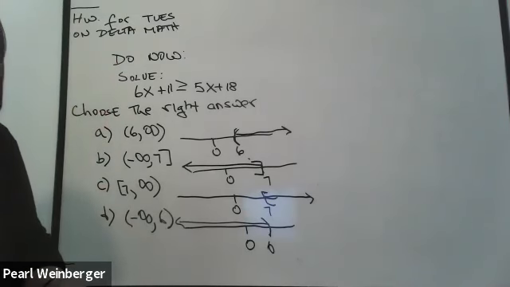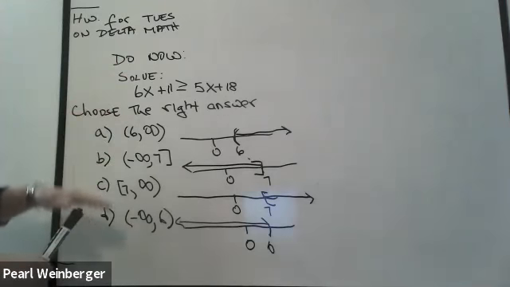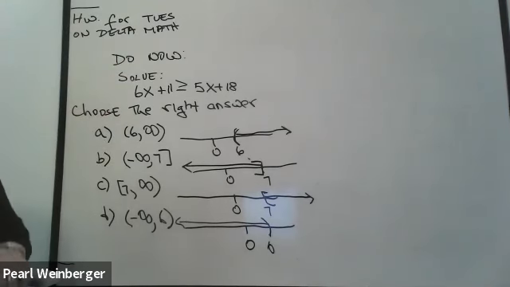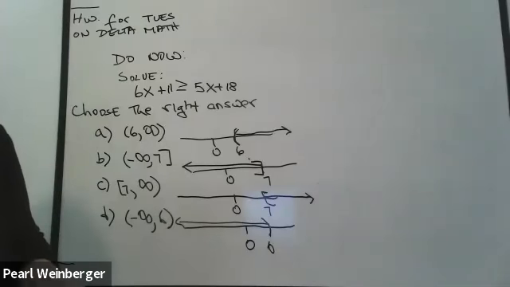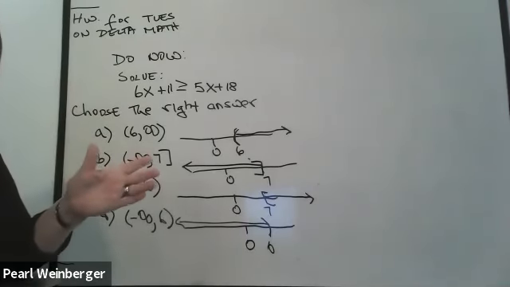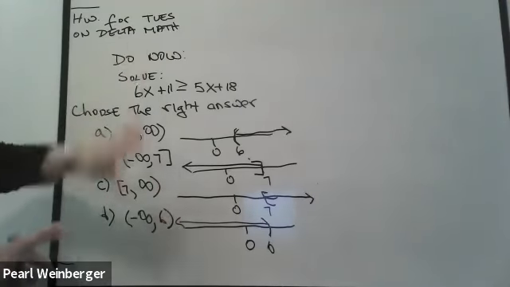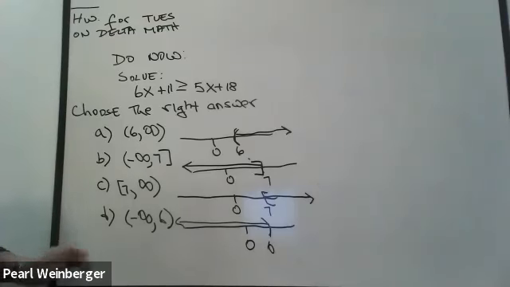So it's always a good idea to have a backup. In other words, if I have 4 choices, can I at least eliminate some of the choices so that if I have to guess, then at least I have a better chance of guessing? You're more likely to guess correct if you only have 2 choices to guess from rather than 4. So I'm going to talk about that in terms of this problem as well.